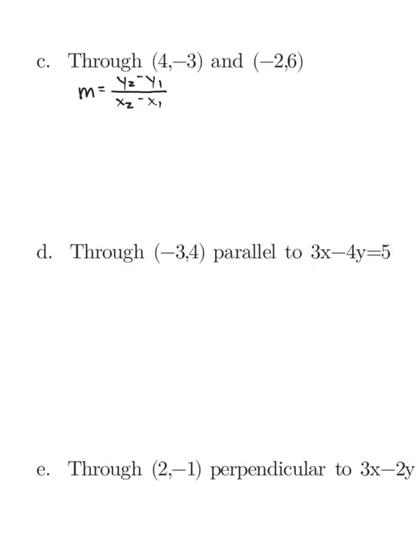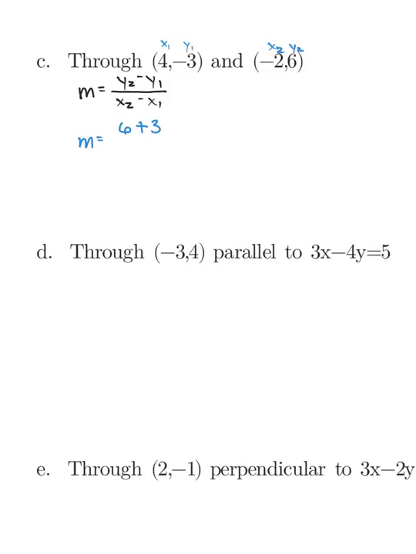So from here, we want to go ahead and plug in our y's and our x's. I'm going to label this first point x1, y1. I'm going to label my second point x2, y2. So when we plug in, we end up with m equals y2 was 6 minus y1, which is -3.